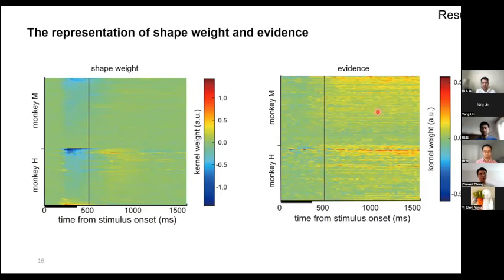After we show the kernel of the shift weight, we plot the kernel of the evidence in the red panel from the same GLM.